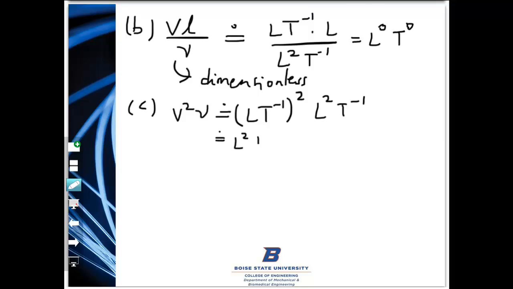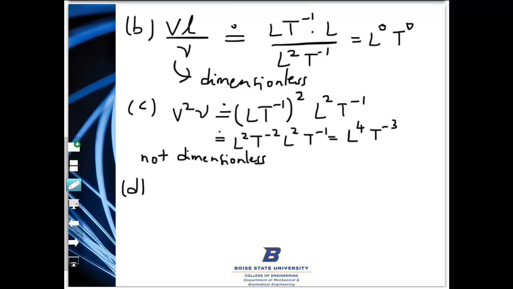So L squared t to the negative 2, times L squared t to the negative 1. Simplify it, you'll end up with L power 4 t to the negative 3. Again, you see that it has dimensions. So it's again not dimensionless.